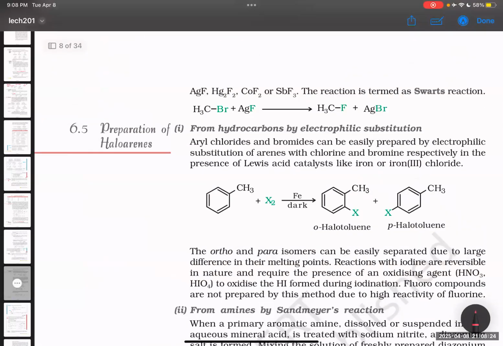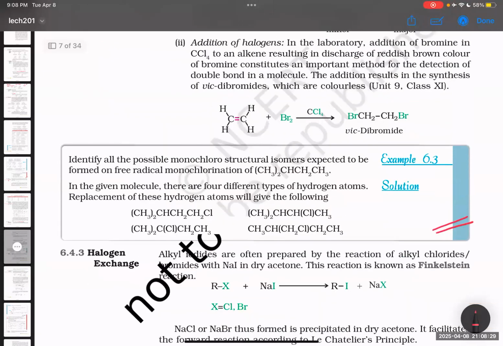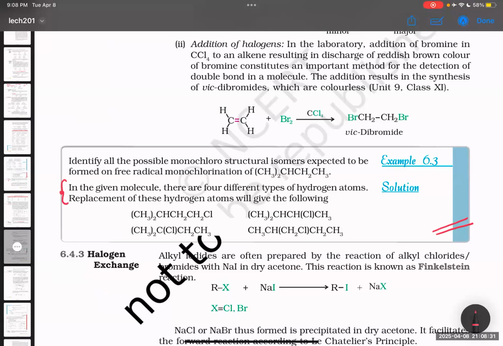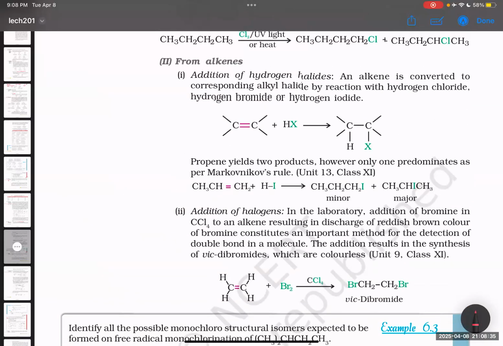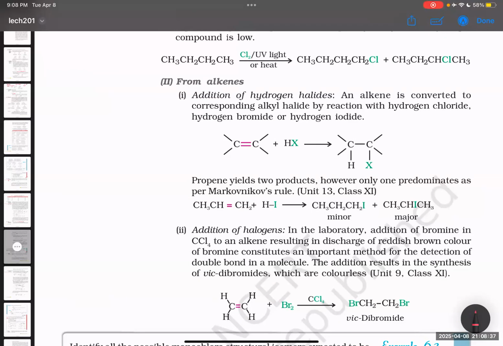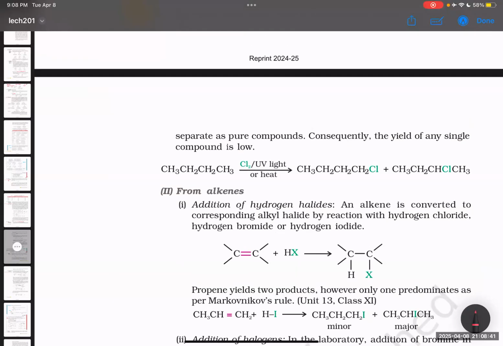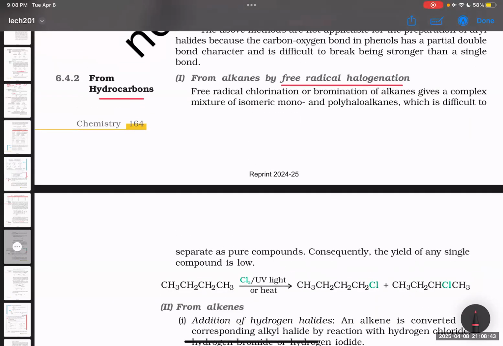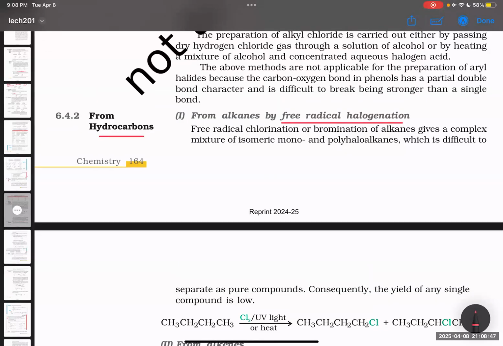Photohalogenation means you are carrying out the halogenation in the presence of light, or UV light, or sunlight. For methane, there is just one place where you can put the Cl.